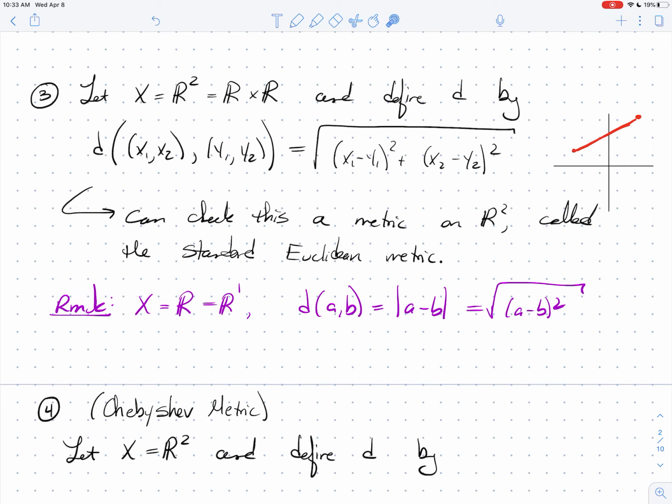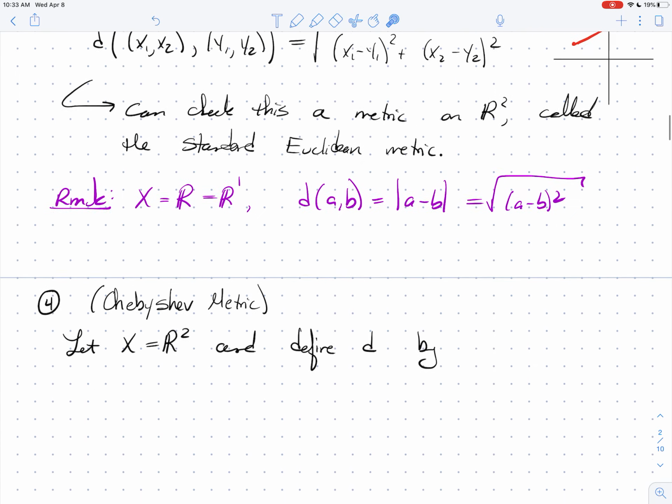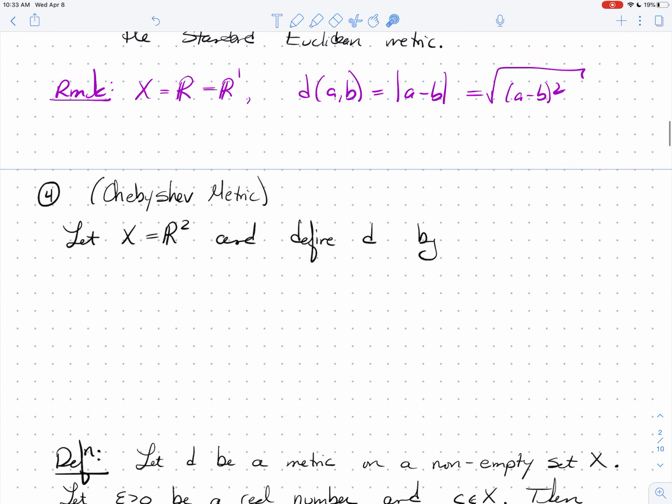It actually fits the same formula, the same metric we were doing before. So I just want to make sure that's clear to you. It's the same metric that we've worked with over the reals, and it generalizes to this metric, and they're actually defined in the same way. We think about this one differently because we could just do it with absolute value, but absolute value is defined as the square root of the thing squared. So don't miss that connection.